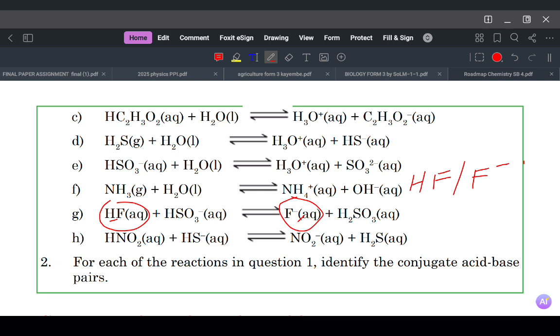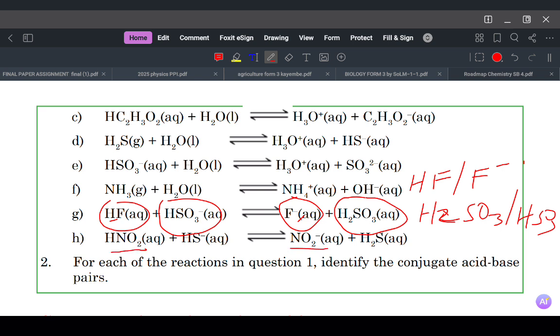Similarly here, this has the most hydrogen atoms. It has 2 actually. This one has only 1. That means the pair will be H2SO3 stroke HSO3-. And lastly, we have this one. This one has 1 hydrogen, this one has none.